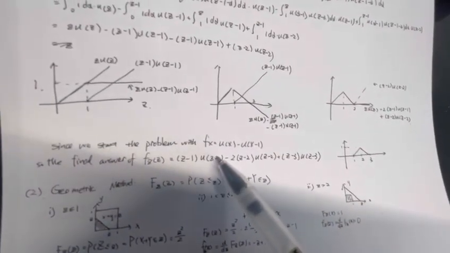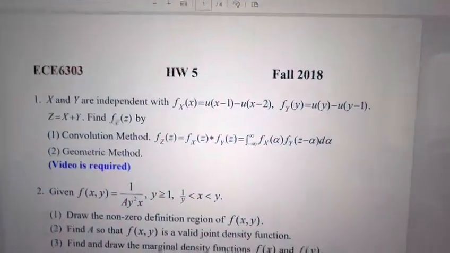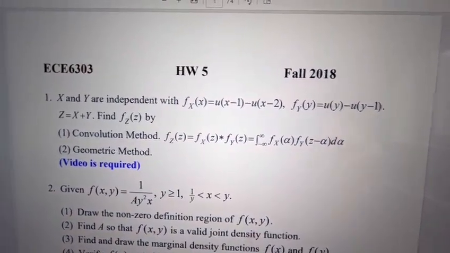Since we started the problem with f_X equal to u(x) minus u(x minus 1), but the question offers us that f_X(x) is u(x minus 1) minus u(x minus 2), we're going to shift the whole graph to the right by just 1 unit.